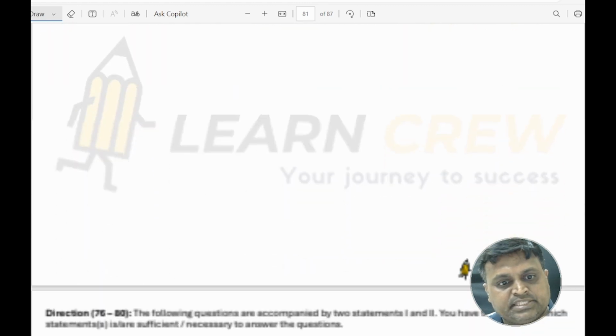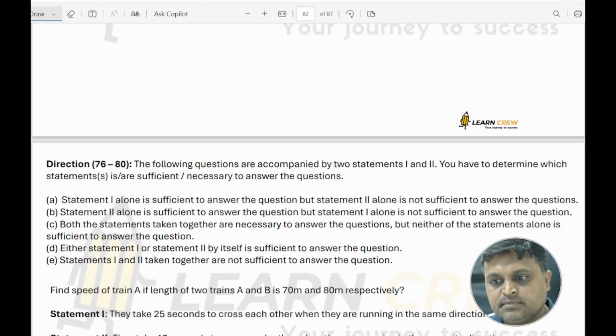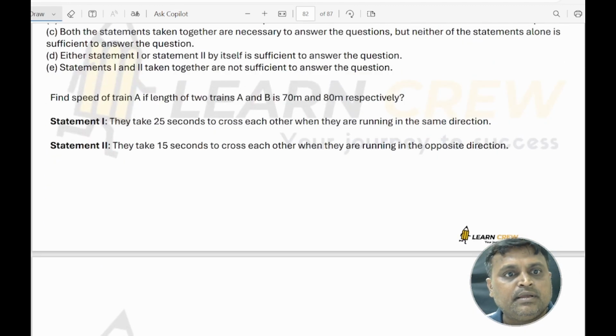Next, 78th question. Find the speed of train A. The lengths of the two trains A and B sum to 150. They take 25 seconds to cross each other when running in the same direction.